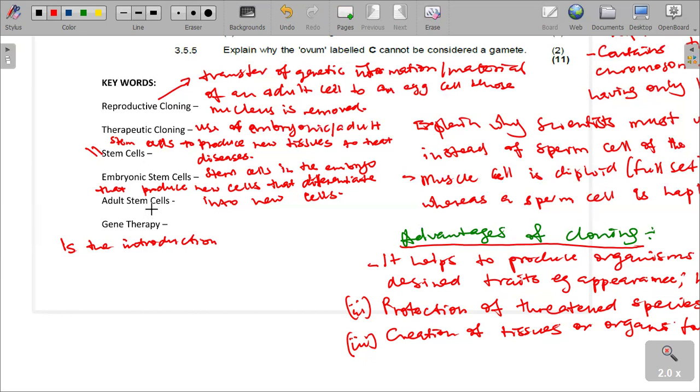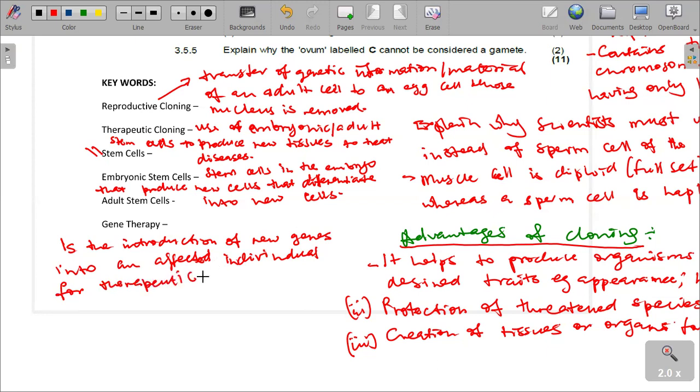It is the introduction of new genes into an affected individual for therapeutic purposes.